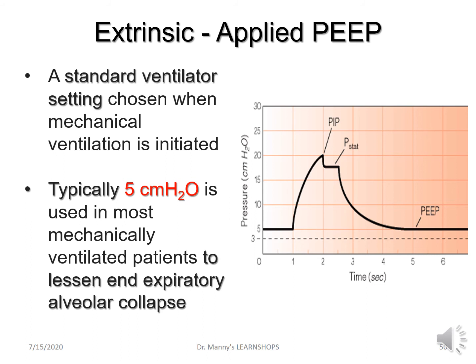It's chosen when all populations, neonate, paediatric and adult, are being provided with mechanical ventilation using an invasive technique. Typically it's set at 5 centimeters of water in all populations, and it's used to lessen alveolar collapse at the end of expiration in a mechanically ventilated patient.